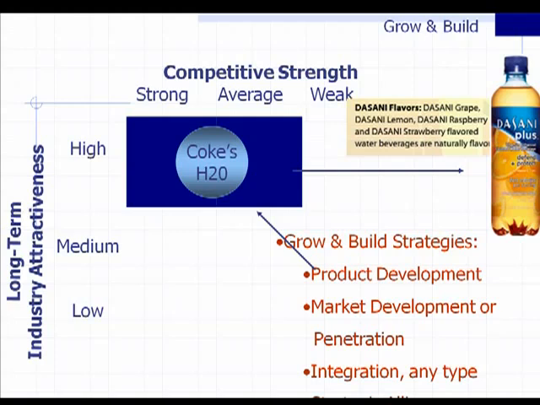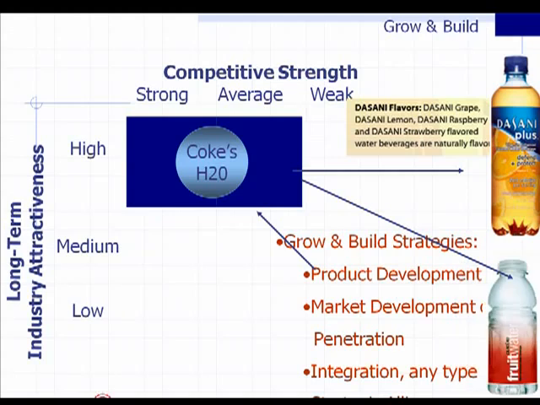Currently, there's even an extension that goes all the way out to the Dasani Plus, which is electrolytes and other nutrients in a water which is also flavored. This one happens to be orange. In addition, the Glaceau fruit water is a product development line extension of Dasani water as well. So Coke's water is heavily undergoing product development.